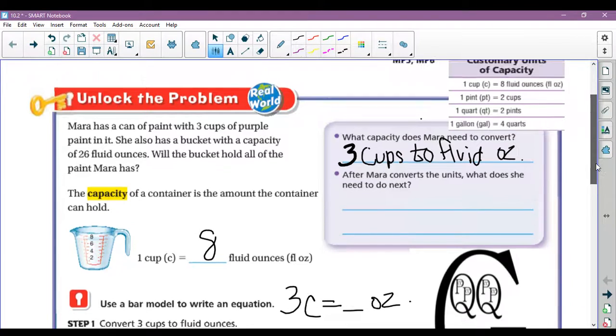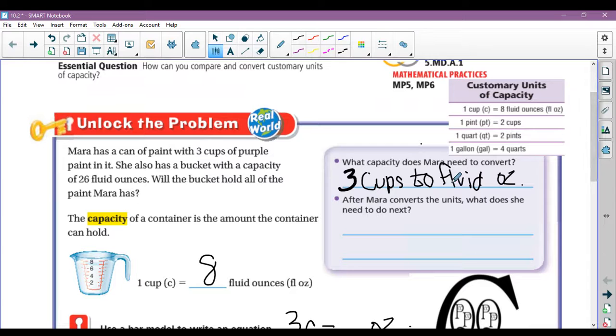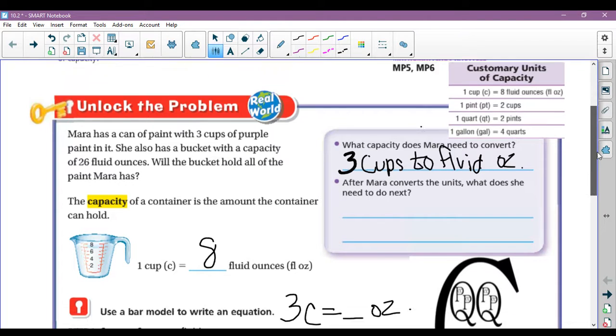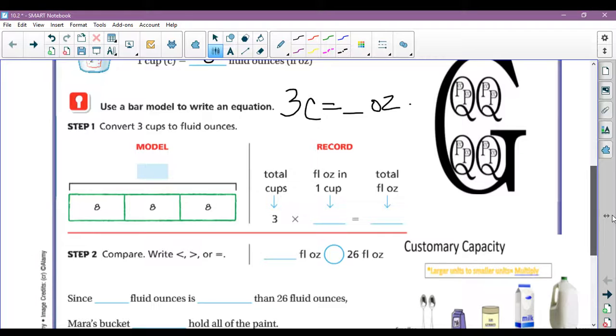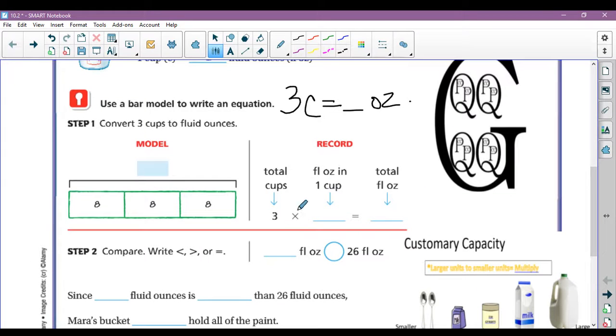So if you are doing cups to fluid ounces, you are going larger to smaller, so you multiply, which is why they have a multiplication symbol here. Her total cups was 3, and 1 cup has 8 fluid ounces. So 3 times 8 would equal 24 fluid ounces. So that 24 would go up here.